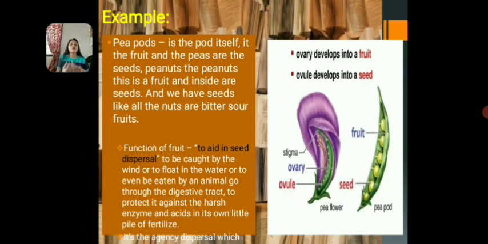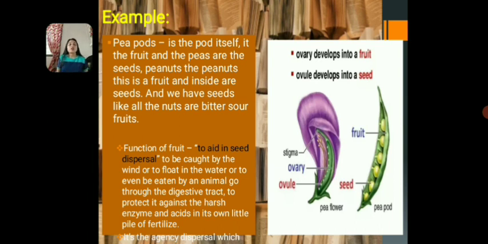The function of fruits is also to aid in seed dispersal, to be caught by the wind, to float in the water, or even to be eaten by an animal and go through the digestive tract, protecting the seed against the harsh enzymes and acids, in its own little pile of fertilizer.